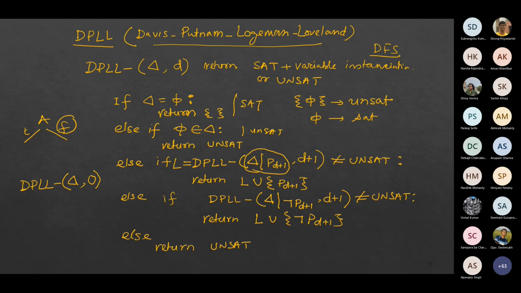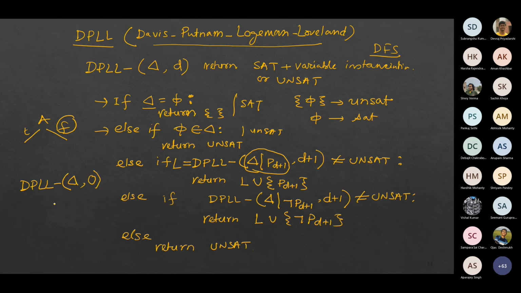do a very small dry run of this algorithm on the example that we have given earlier, right? So our knowledge base is not empty. So this is not satisfied. So this if will not be entered. This will also not be entered, right? And then we'll be making a call in the next level.